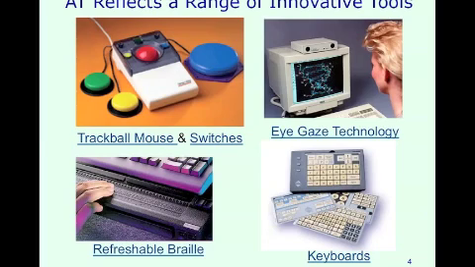You probably know that your own mouse or the touchpad that you use on a computer has some way for you to move the mouse around the screen as well as click. So the combination of trackballs or mice, alternative mice tools, as well as switches are what will help somebody navigate a screen.